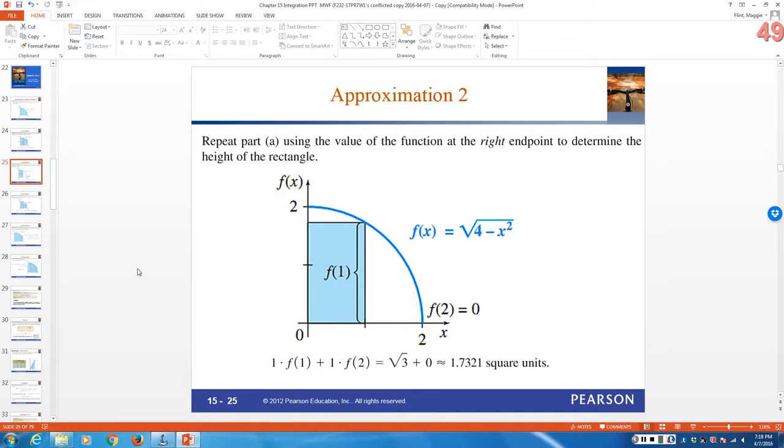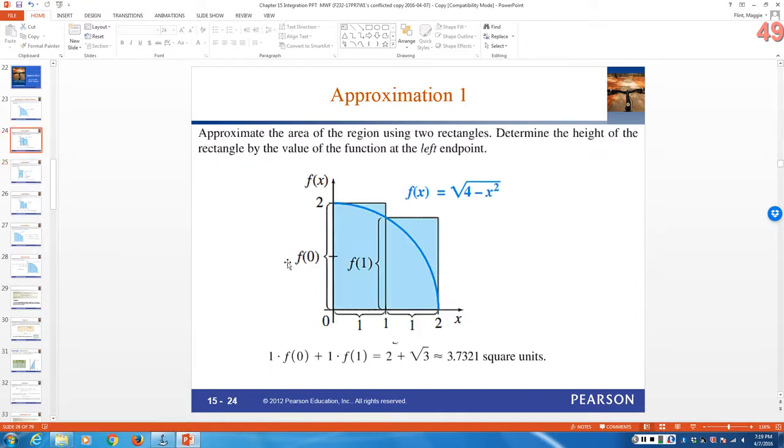But if we did those two different estimations, and we added them together and divided by 2, if we averaged them, some of the underestimation would cancel out some of the overestimation, right? So that might help a little bit. If you look at this approximation, this is quite a bit more than pi.